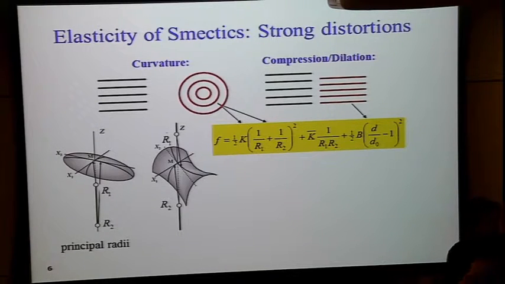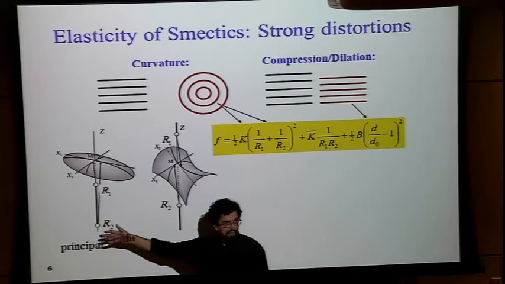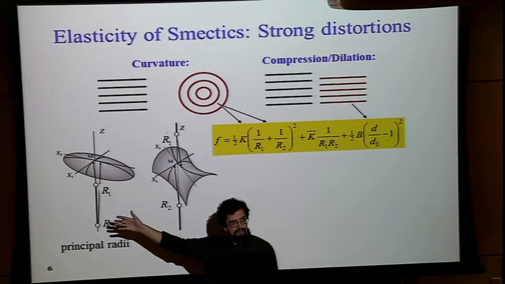So then there are many situations when you are interested in curvatures that are making the entire turn by 360 degrees. And in that case, it's more convenient to speak about the elasticity of smectics in a different format, using the ideas about principal radii of the layers.